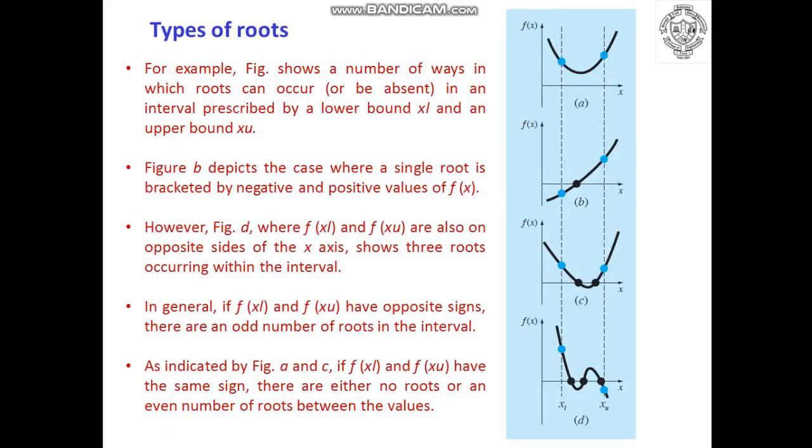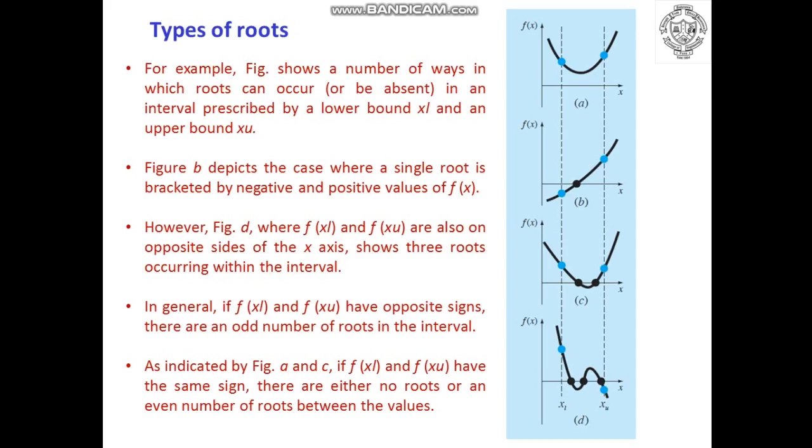So now we will visualize it with respect to this diagram. The example shown in the figure depicts the number of ways in which the root can occur, or can be absent, in an interval prescribed by a lower bound, xl, and an upper bound, xu.